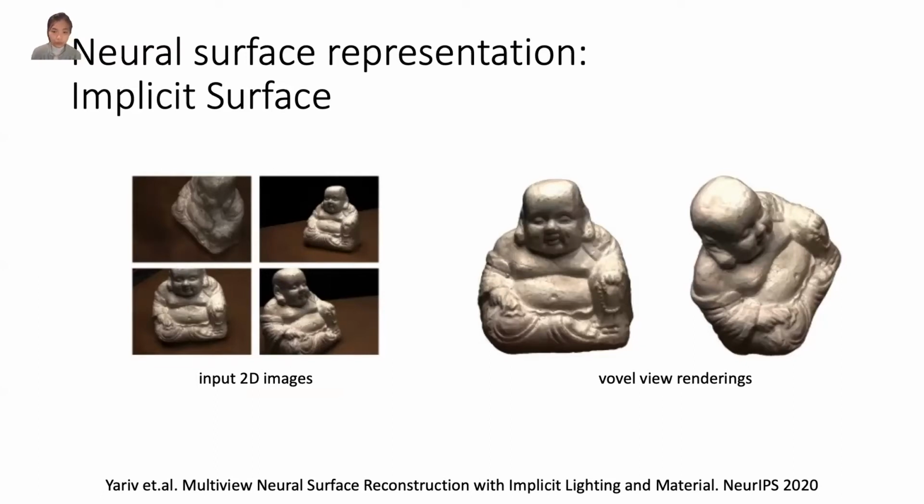By the way, the normals can be easily derived from the SDF. The texture network can be seen as the approximation of the bidirectional reflectance distribution function, BRDF, which is universally used in classic rendering. And it describes the interaction between incoming light and the surface. Now, this allows modeling more challenging lighting conditions and high reflectance surfaces.